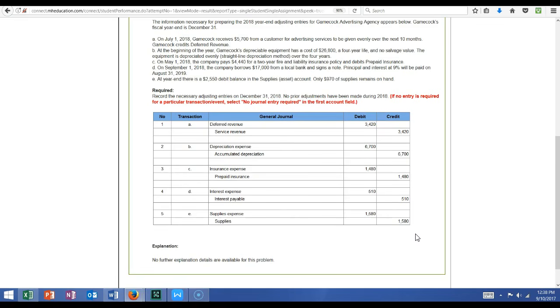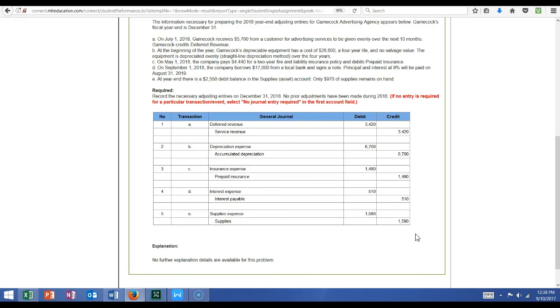Now remember, we didn't pay it. We're not going to pay this interest until next August. But what we care about is having accurate financial statements that show the big picture. The real picture is we do owe this interest.